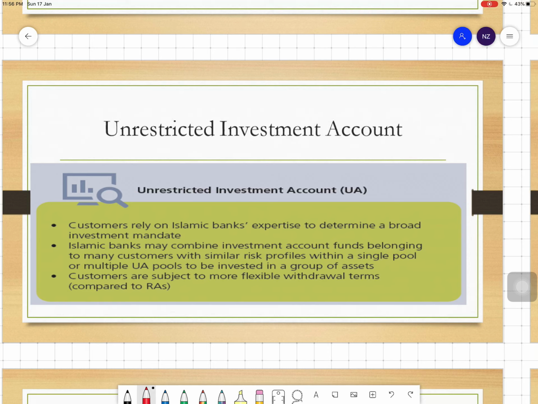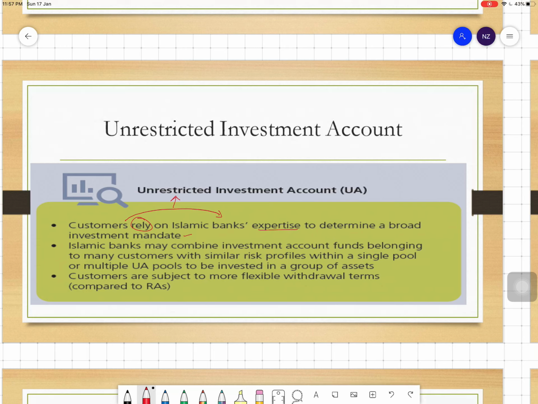Okay, untuk let's say dia cakap customer rely on Islamic bank's expertise to determine a broad investment mandate. Ya, sebab customer ni, let's say customer ni invest in the Islamic bank in unrestricted investment account. So customer ni hanya rely on the bank expertise to determine which investment yang bagus lah.